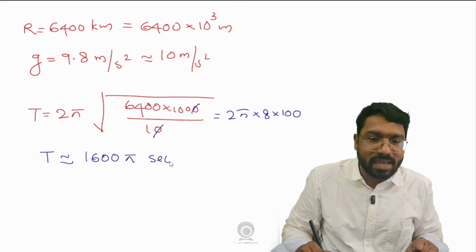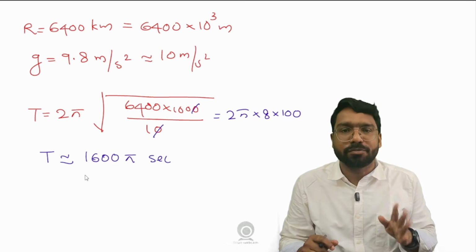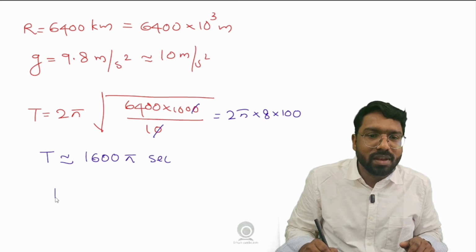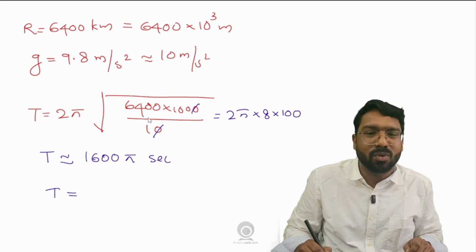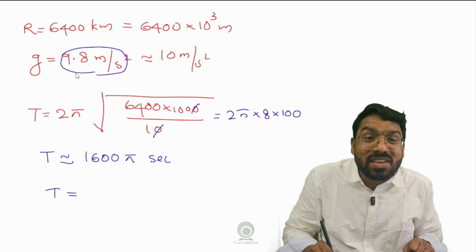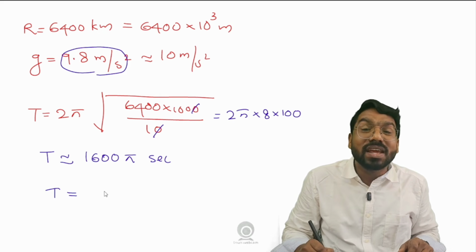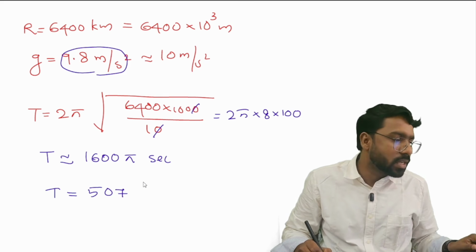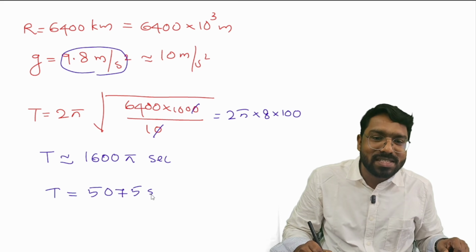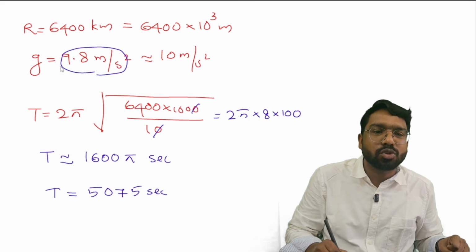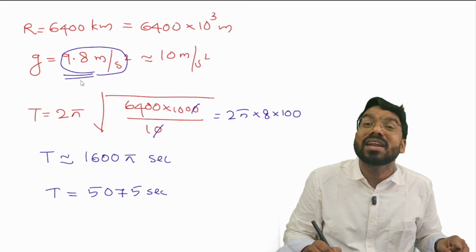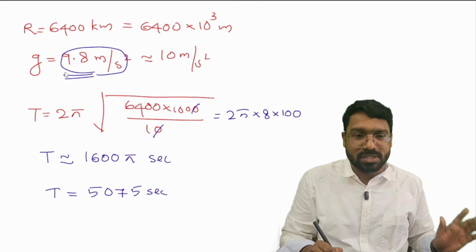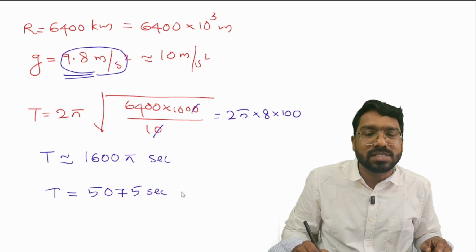pi second. Okay, so giving value of pi 3.14, while we are giving G value 9.8 correctly, we will get time period 5075 seconds. This is the actual value while we are giving 9.8 meter per second square for G. T equal to 5075 seconds.